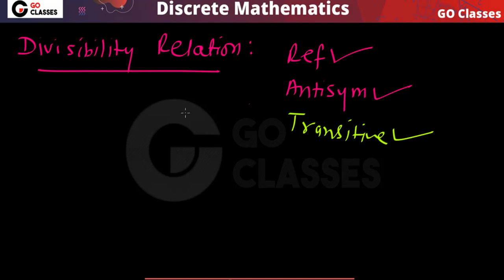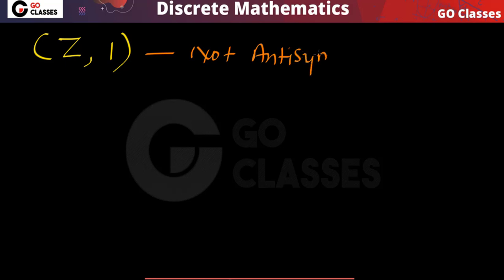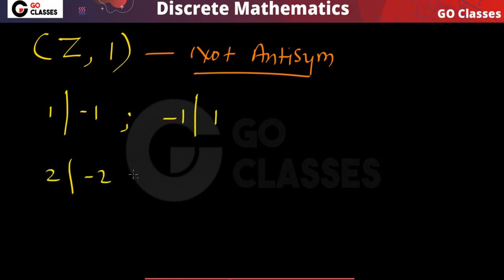Now let me tell you one thing about antisymmetric. For example, the set of integers, comma, divides, is not antisymmetric. The reason is that 1 divides minus 1, and also minus 1 divides 1. For example, 2 divides minus 2, and also minus 2 divides 2. So this is the reason this is not antisymmetric.